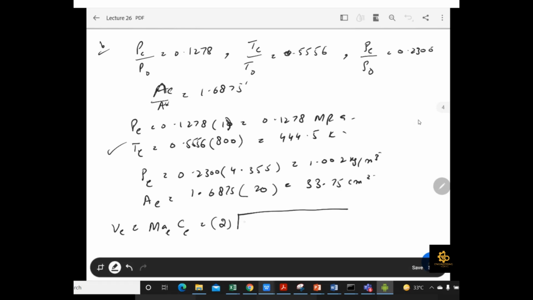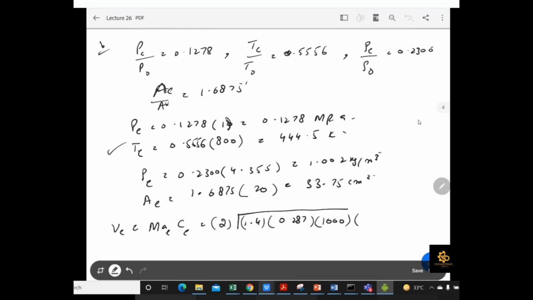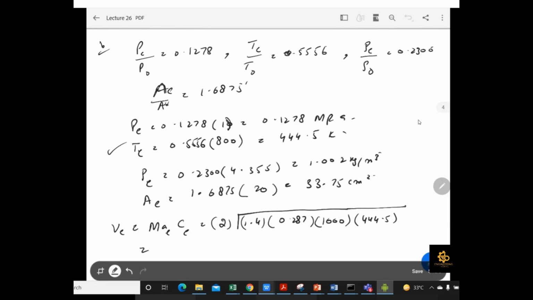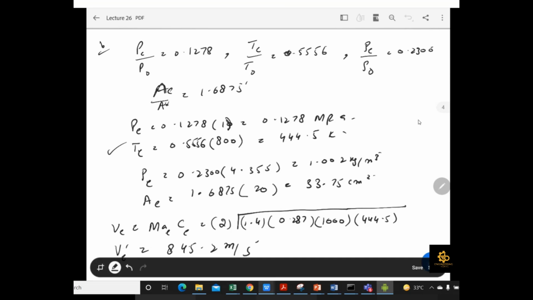K value is 1.4, R value is 0.287 multiplied by 1000, and T exit is 444.5. From here you can easily figure out V exit as 845.2 meter per second. So this is your exit plane condition, including your exit area. Part B is also completed. If you have any question, you can ask me, and then we'll move to part C as well.